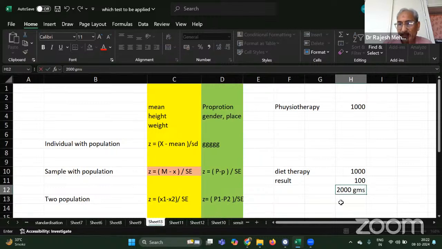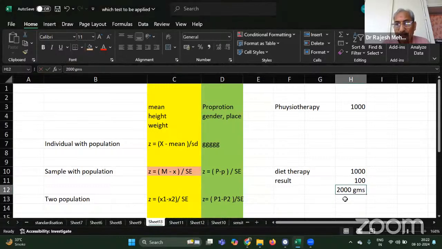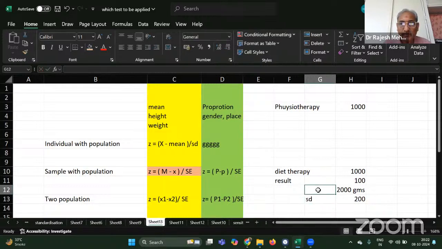If you need more clarification, okay, I will come back to that. And the standard deviation is, let's say, 200. There's a mean weight loss.